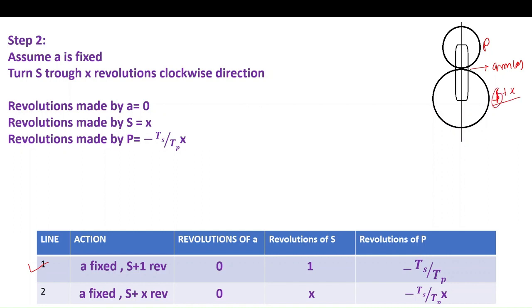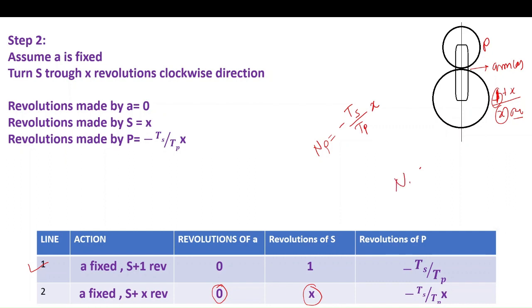Arm A is fixed, so this becomes 0. The revolutions made by S will be equal to x. So what will be the revolutions made by P? It was earlier minus ts upon tp, so now it will be ts upon tp into x.